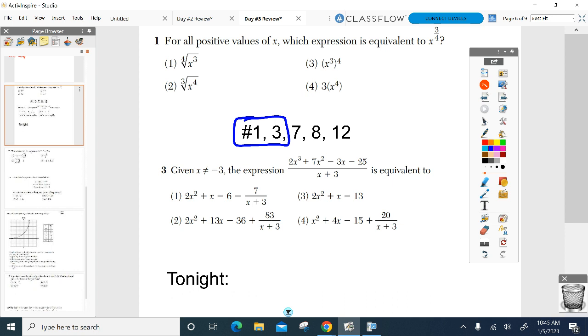Where is it? Okay, you've got to get our web page. There should be class folders. You only need one, and that's midterm review.